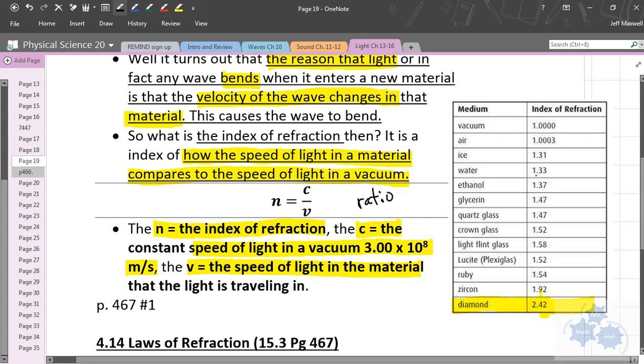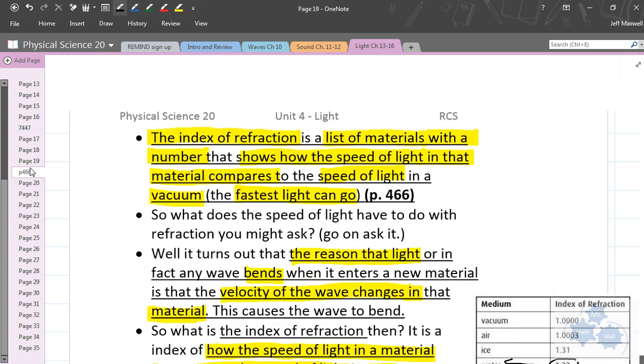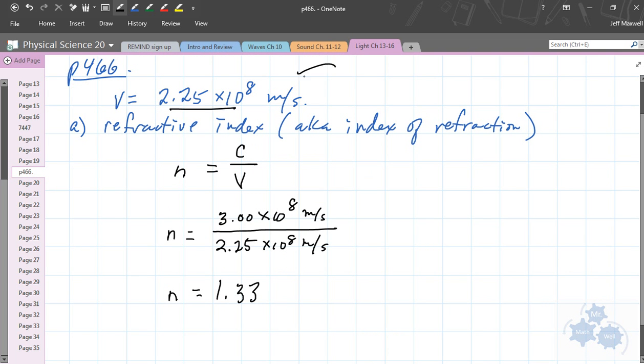Oh, right here. So what we found out is that in this question, the material is water. I think that might be what your second question is. The material is water. So we just went back to your chart and found that out.